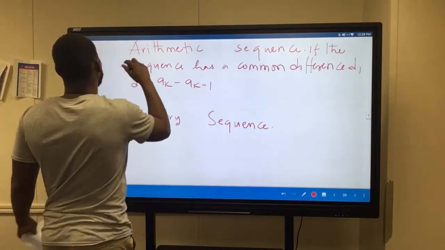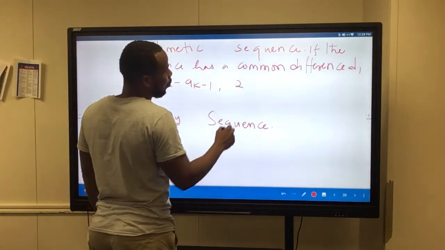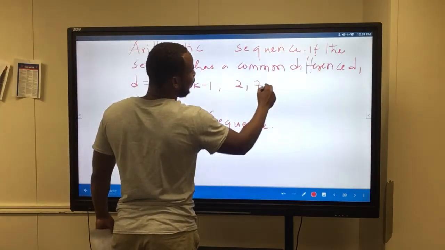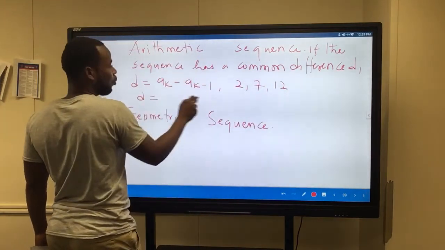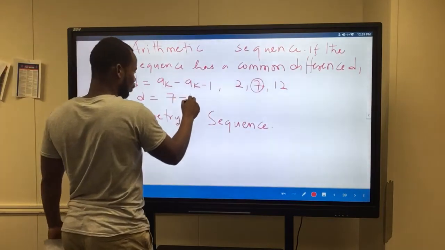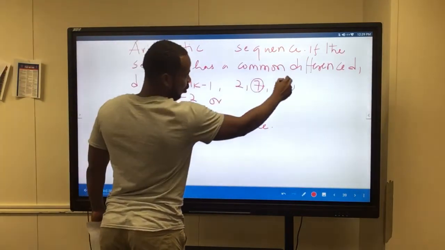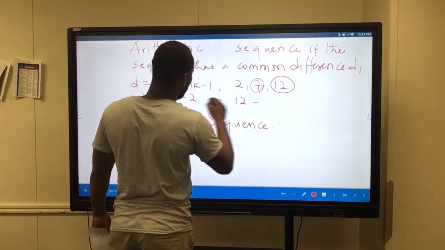If I have a sequence like the first one, 2, 7, 12, to find the common difference, it will be 7 minus 2, which is 5.